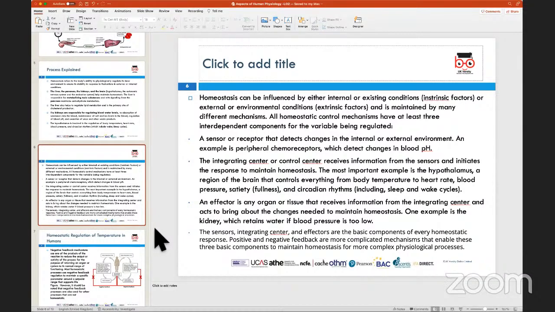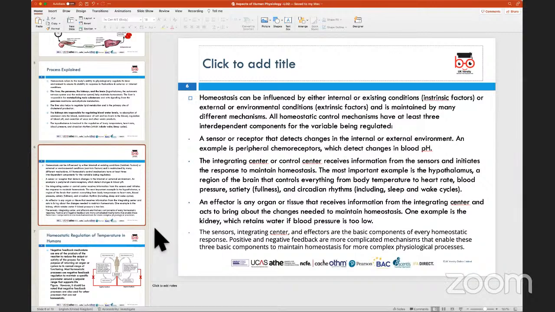That means if I exercise quite heavily or rigorously, my heart starts to beat faster, my blood flow in the veins and arteries increases, and obviously my body is burning energy and I'm sweating. These factors are internal to one particular organism or the human body.